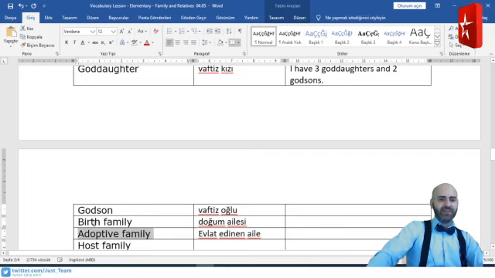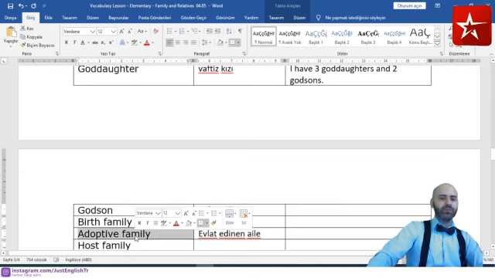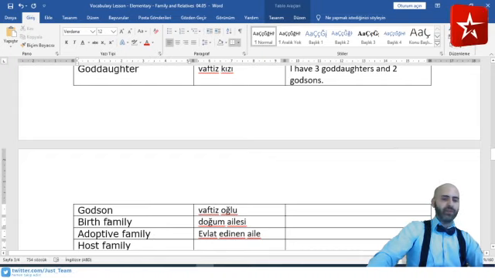Birth family is someone who gives birth to a child. Adoptive family is the family who raises the child, not the birth family, okay? Not the birth mother, but the family who adopts the child. We can, of course, say birth mother, birth father, and we can say adoptive mother and adoptive father. It is used the same way.